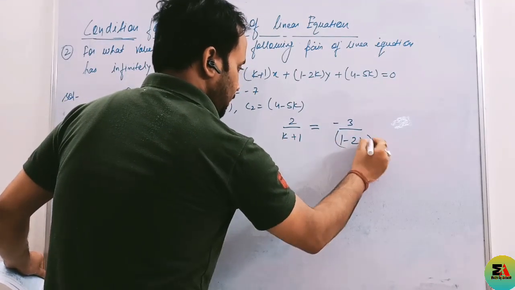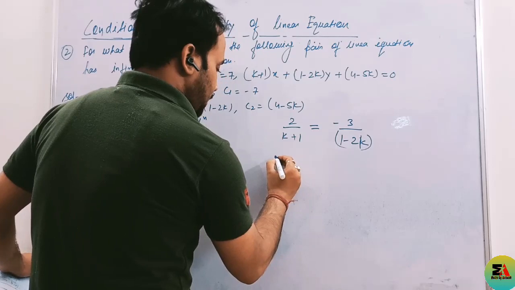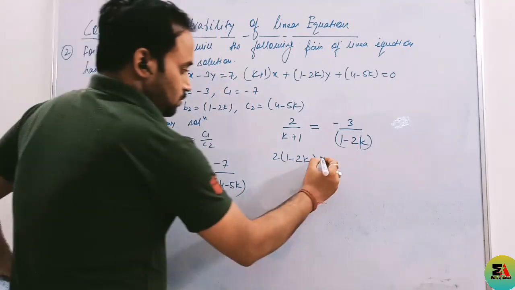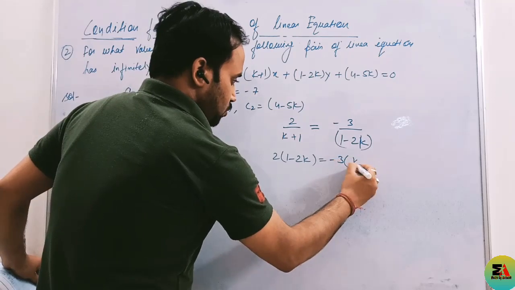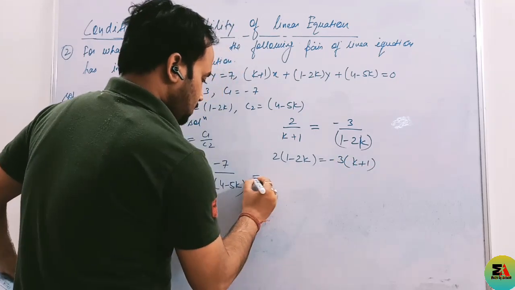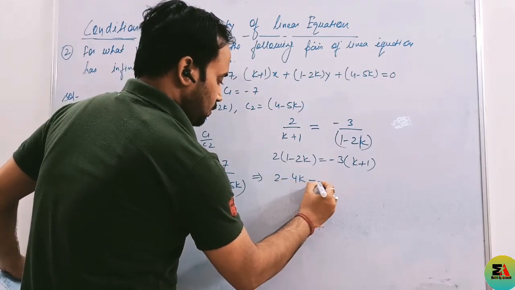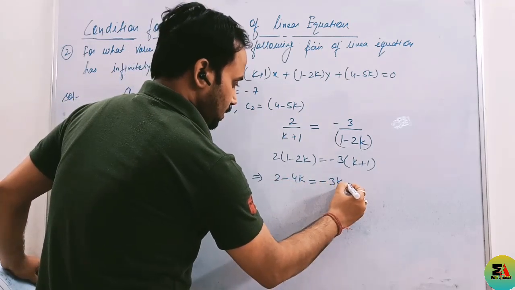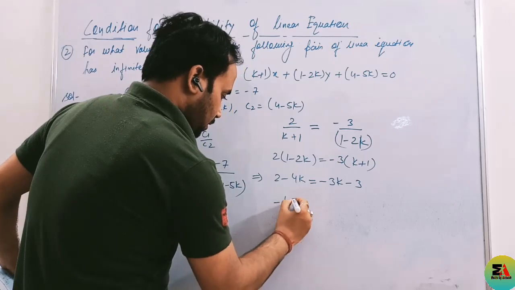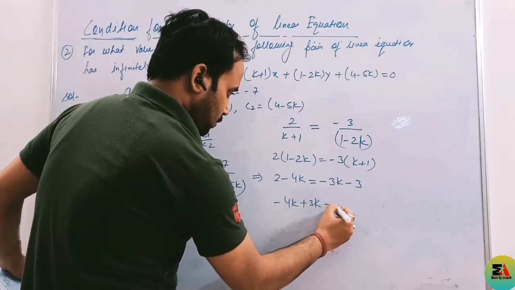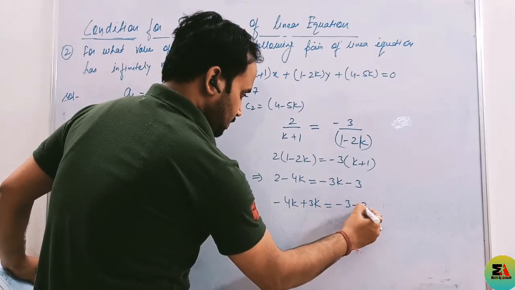Cross multiply, it becomes 2 times (1-2k) = minus 3 times (k+1). Now break the brackets, this becomes 2 minus 4k = minus 3k minus 3. Now collect the terms: minus 4k plus 3k = minus 3 minus 2.